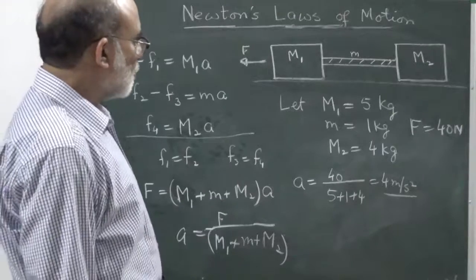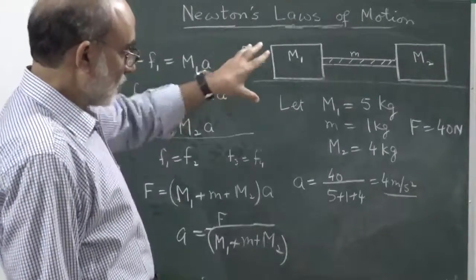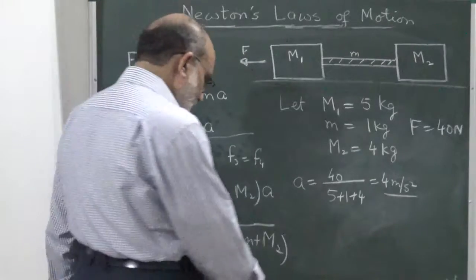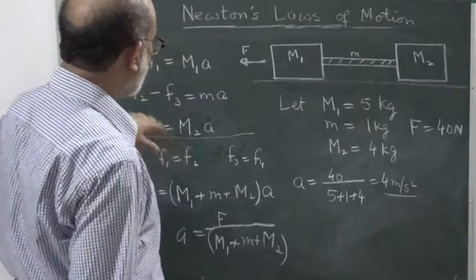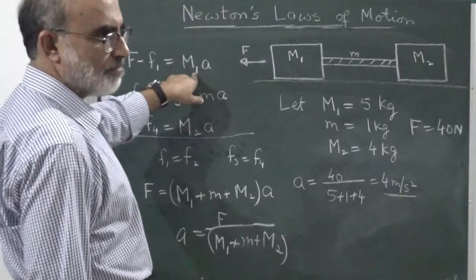And if you want to find the force on particular blocks, say we want to find the force on M1 only, the resultant force on M1 is F minus F1, which is equal to M1A.